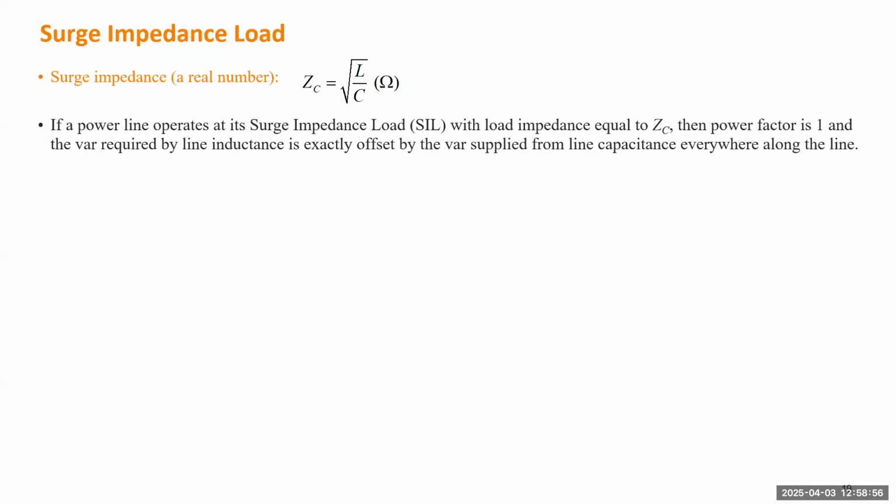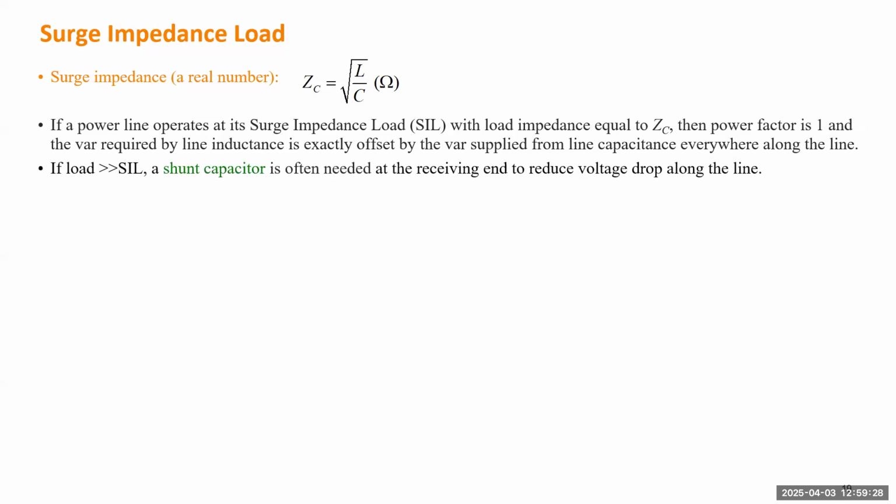This is a very important index to judge under what condition I really need to bring in those compensators, either reactors or capacitors. If a power line operates at the surge impedance load, with load impedance equal to ZC calculated by that formula and power factor 1, the VAR required by the line inductance is exactly opposite to the VAR supplied by the line capacitance everywhere along the line.